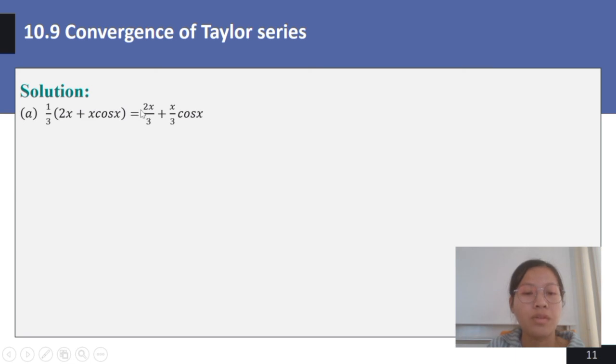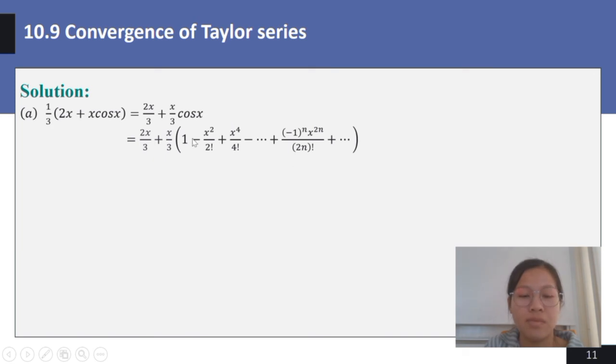So it is equal to 2x over 3 plus x over 3 multiplied by cosine x. We know the Taylor series of cosine x is here: 1 minus x squared over 2 factorial plus and so on. So let's just evaluate it, and we get this answer.